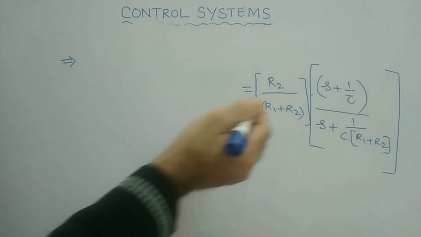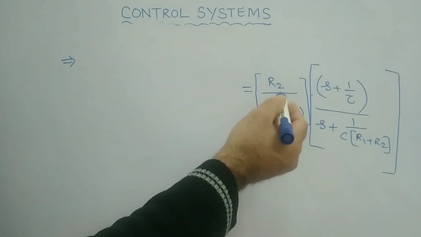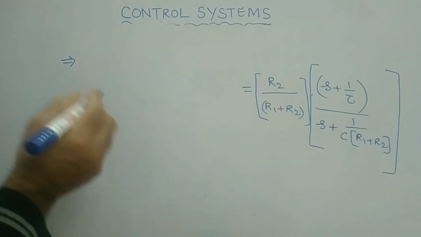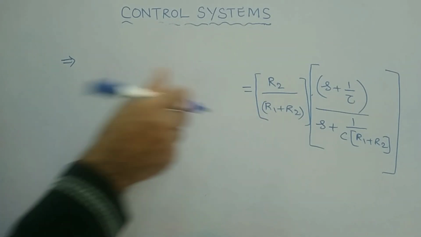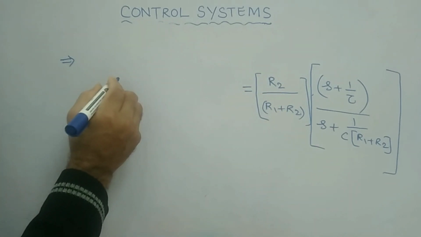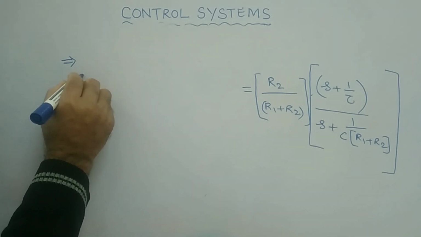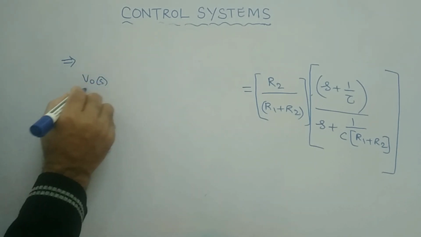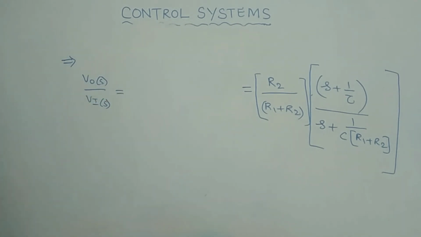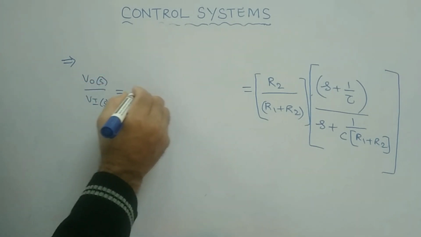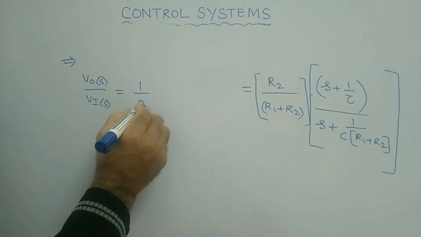And furthermore, if you do a small simple adjustment there, if you take this R2 by R1 plus R2 in the denominator part, then you can write V naught of S by Vi of S is equal to 1 by some constant beta.